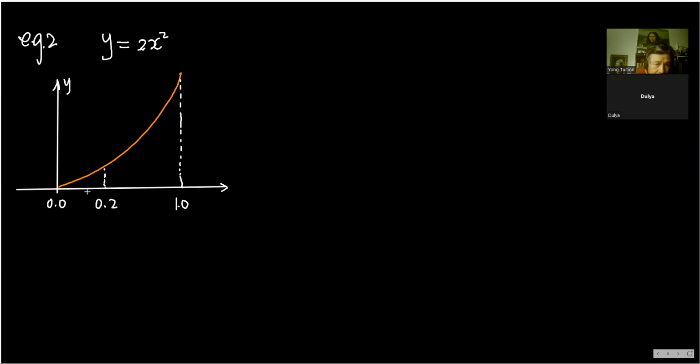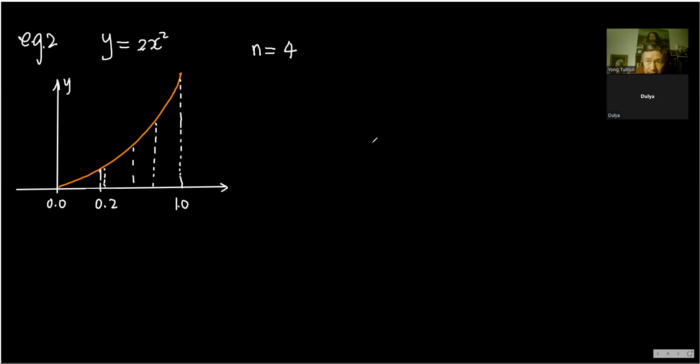So we're trying to work out this area under this curve. Can we just try n equal to 4? Just cut into 4, right?